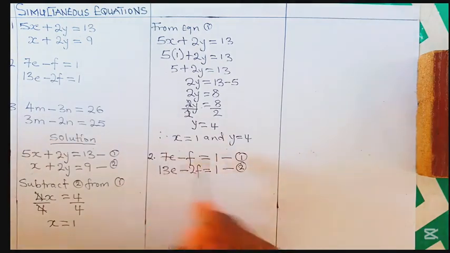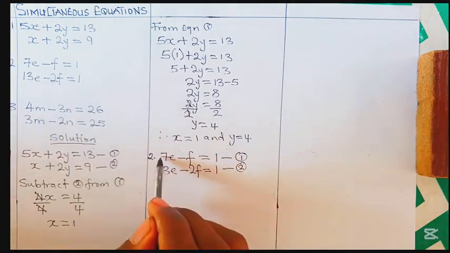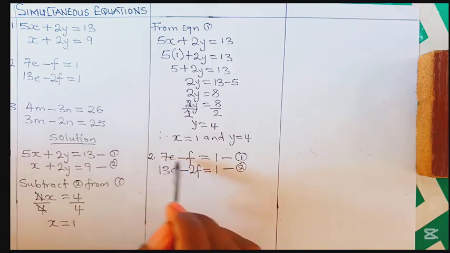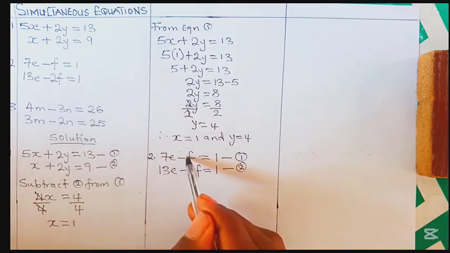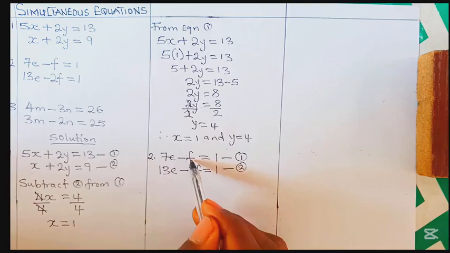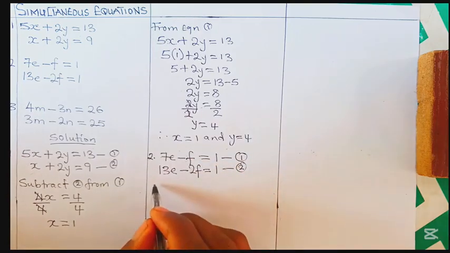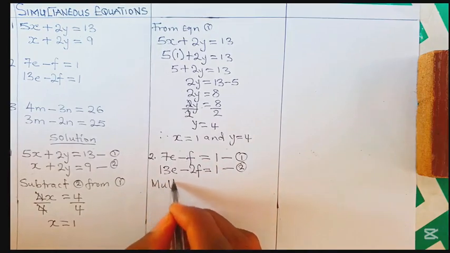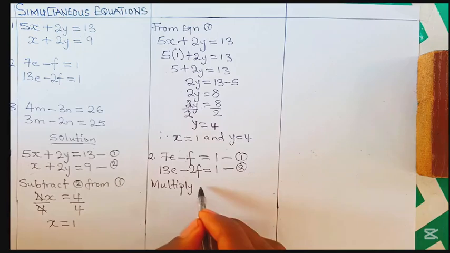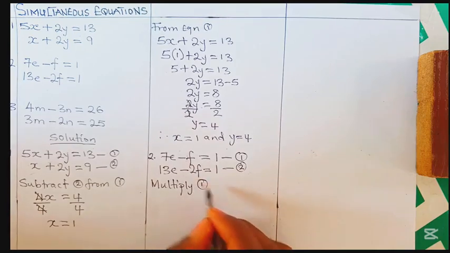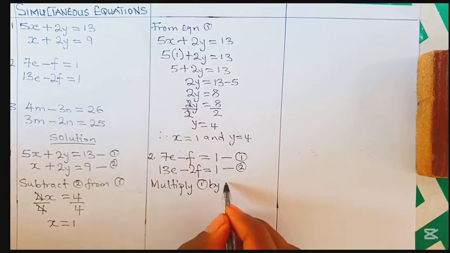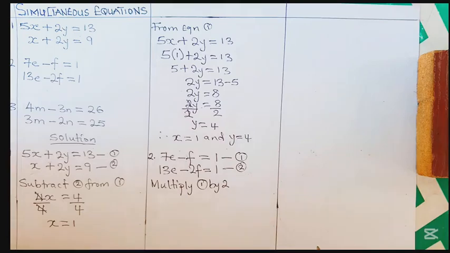So if we look at equation 1, if we multiply equation 1 by 2, we will have minus 2f here. So we have minus 2f and we have minus 2f here, we can eliminate. So we now say multiply equation 1 by 2.